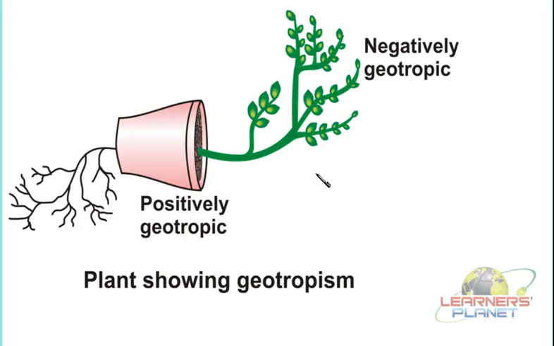Now actually what is happening here? See, it is clear that these shoots are growing upward and the roots are growing downward. But let us find out what we want to clarify from this particular picture.